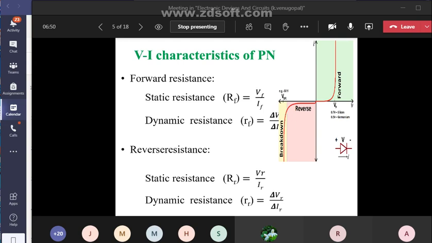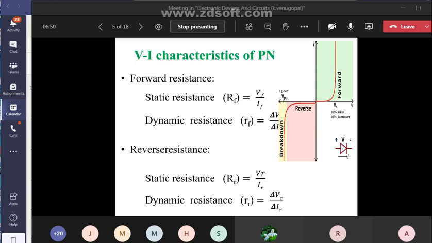Already we have discussed the forward resistance and reverse resistance. See here, these are the VI characteristics of a PN junction diode. How to define static resistance? In the forward bias, the static resistance is defined as the ratio of forward voltage to forward current.